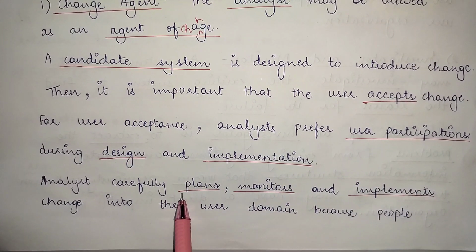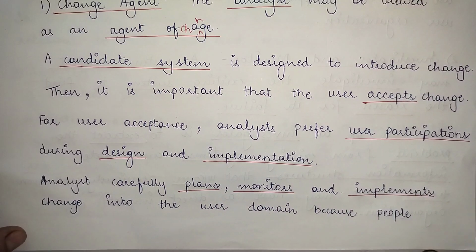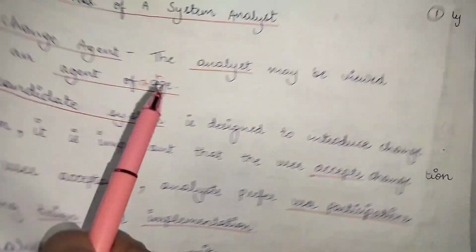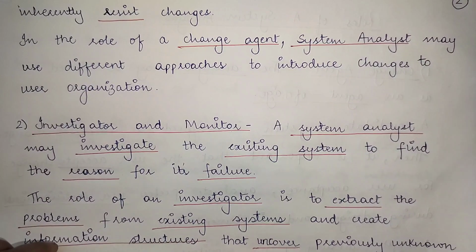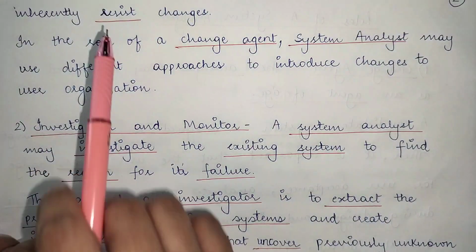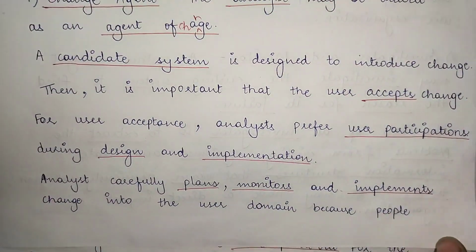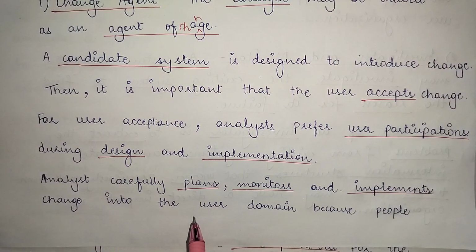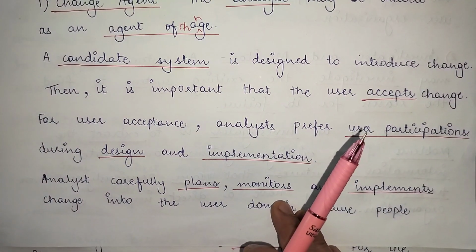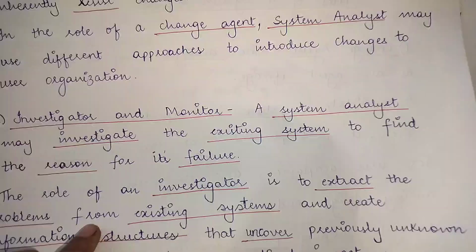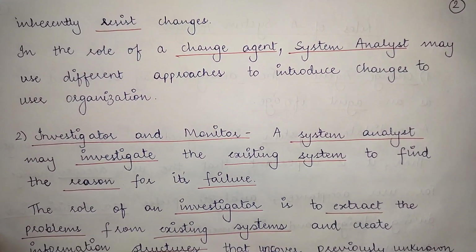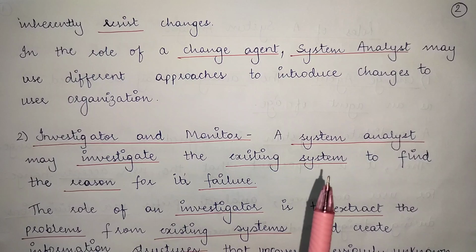The analyst carefully plans, monitors, and implements change into the user domain because people inherently resist change. As I told you, humans are resistant to any changes. So for that reason, the analyst must carefully plan the changes that will be made. He must monitor those changes, and during implementation he must also be very careful that these changes are very well accepted by the users who will be using the system on a daily basis.